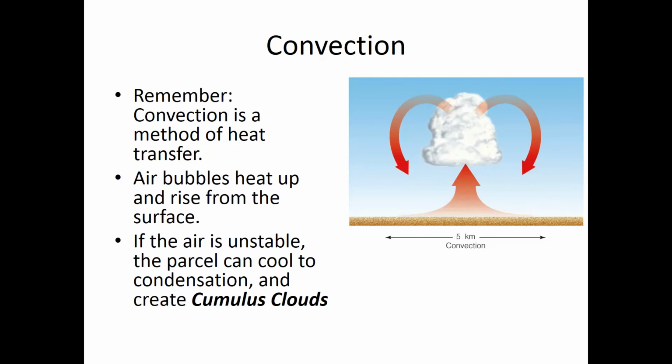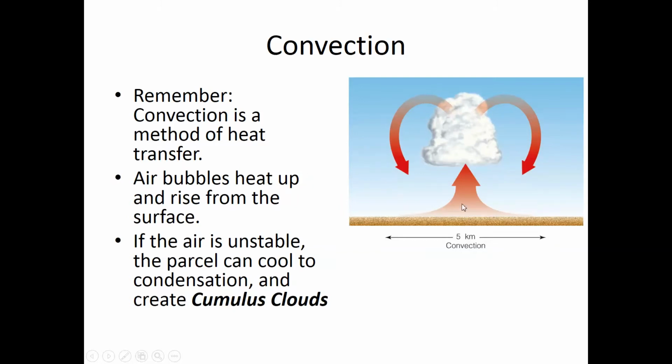First, let's talk about convection, this is really review. Convection is a heat transfer, and it happens when the surface of the earth gets heated by the sun. The very bottom layer of the air heats up due to conduction, and then this creates a layer of air that is much warmer than its surroundings.